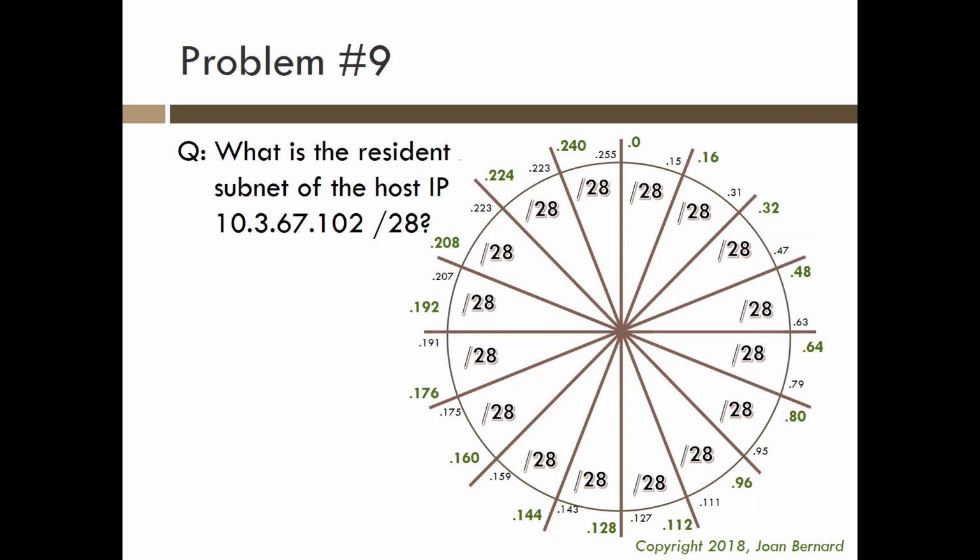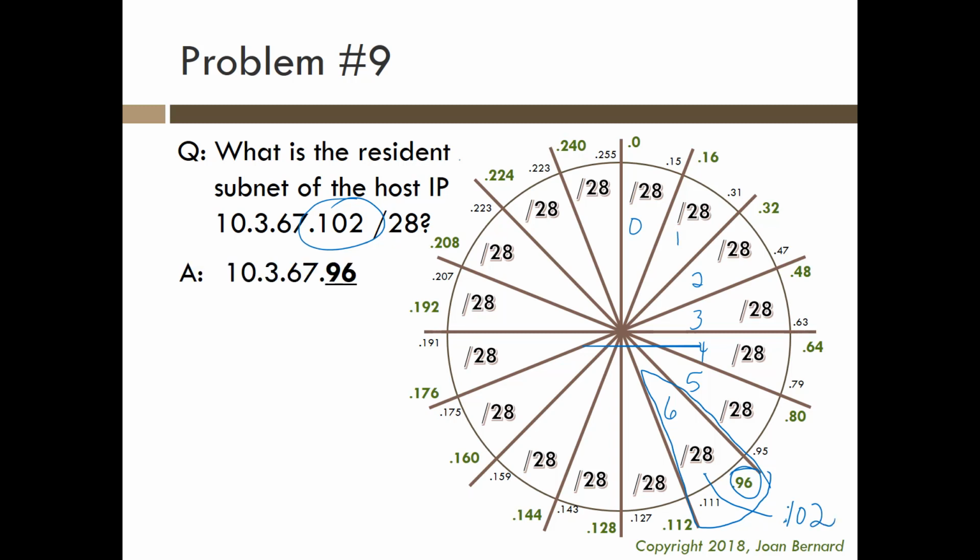my subnetting wheel, I'm looking for 102. Now remember, we always start counting with 0, so this would be 0, 1, 2, 3, 4, 5, 6. Indeed. So this subnet with IP of 96, that is the answer. That's where we're going to find that number of .102.